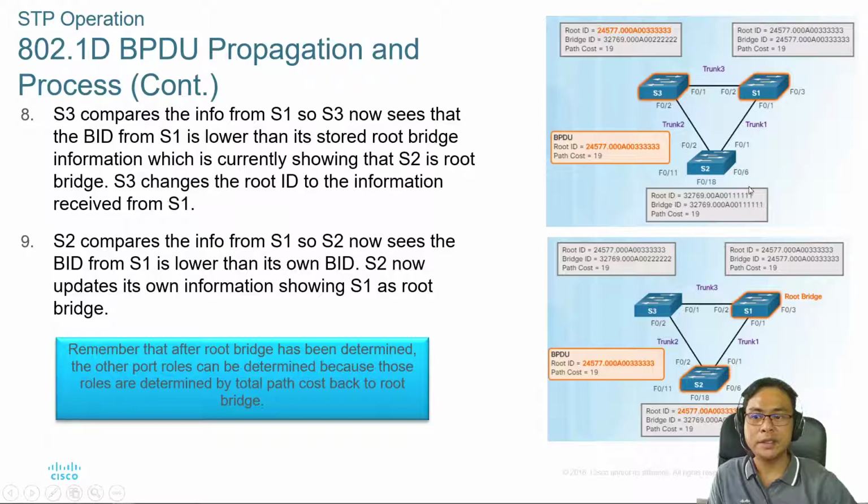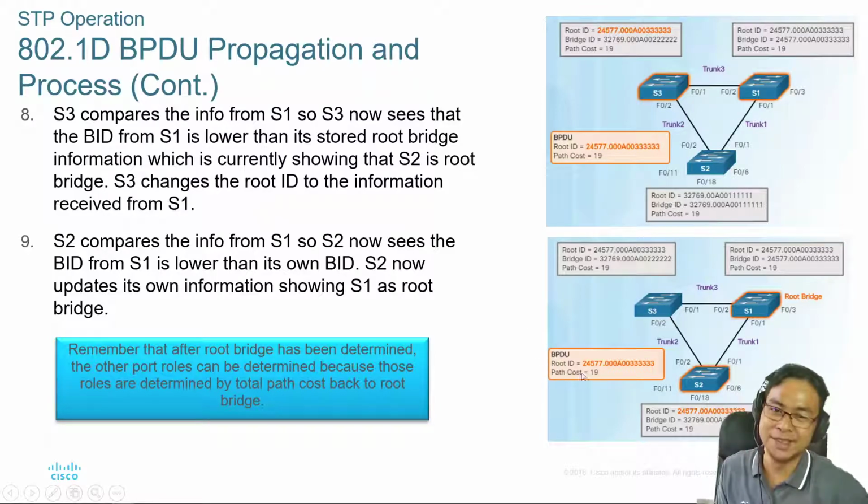And then, of course, after sending it to S2, all of them will be using the root ID 24577, which recognizes the bridge ID of S1. So they are all acknowledging that the root bridge winner is S1.